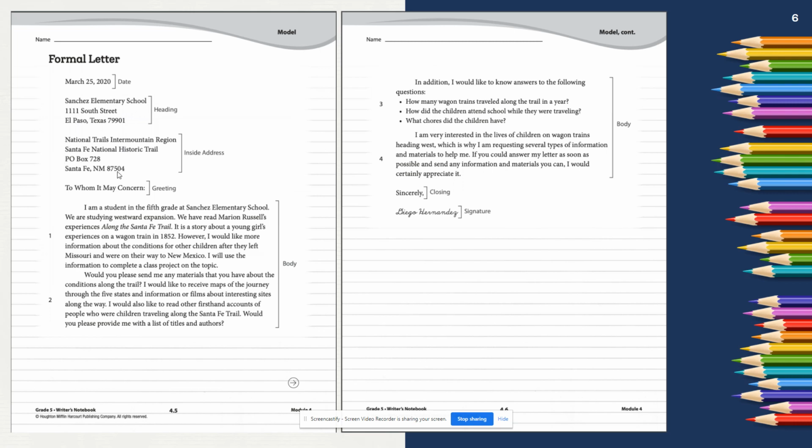Then include the address to the place you are trying to reach and the name of the place you're trying to reach. Include your salutation, your body. Remember, ask those important questions. The purpose of your letter is because. Okay? Then at the end, you're going to write your closing and your signature.